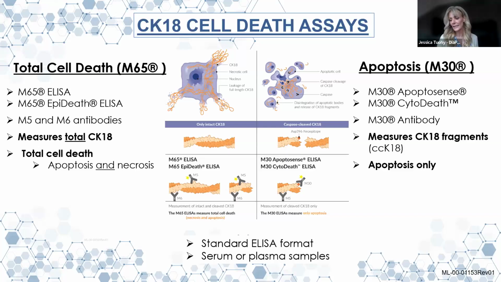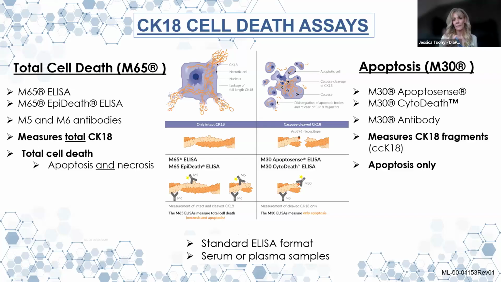In contrast, the M30 ELISAs are specific for apoptosis only. The M30 assays include the M30 Apoptosense and the M30 CytoDeath assays. The M30 antibody in these kits specifically recognizes a neoepitope that is exposed after CK18 is cleaved by caspases. And caspases are activated during apoptosis.